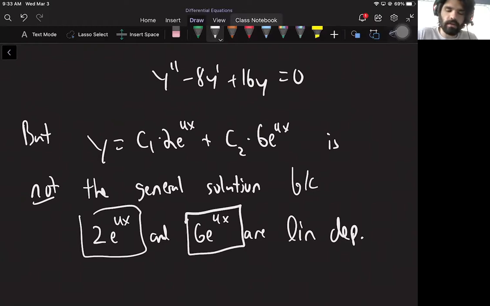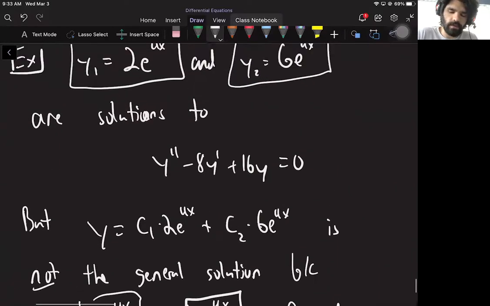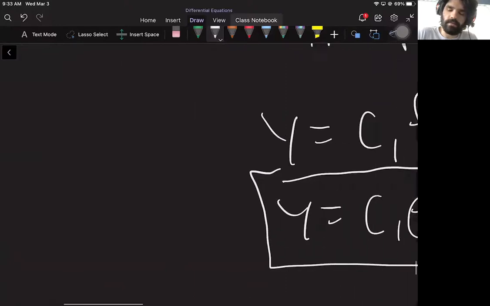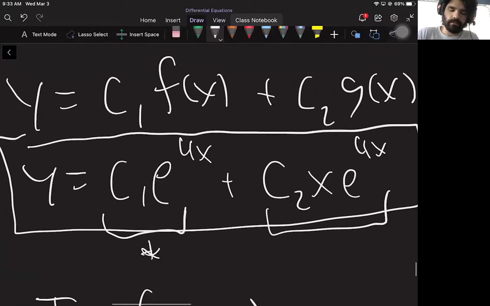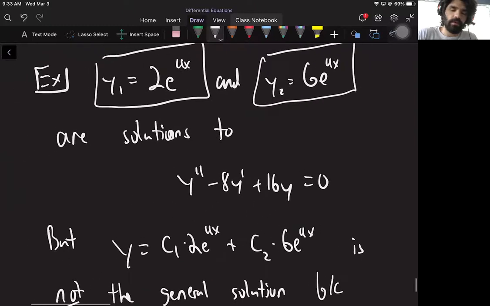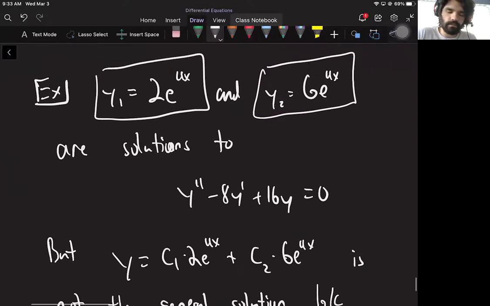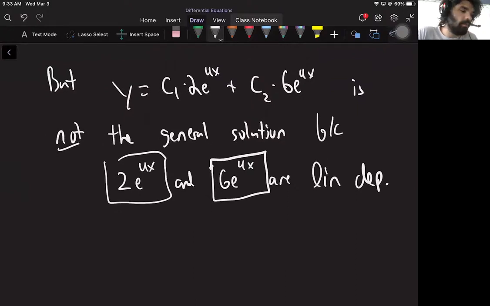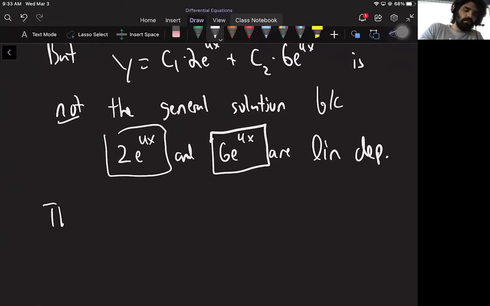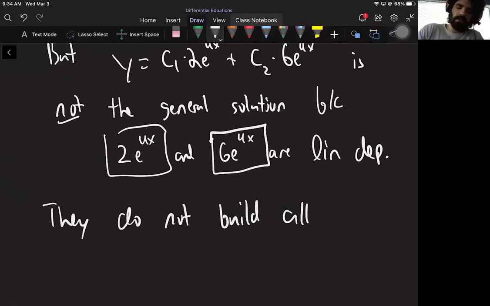So they're not creating everything. You're missing the other piece. You're missing this xe to the 4x piece completely because you're just getting two of these types instead. So you do need both pieces. Okay. So this is not the general solution because they're linearly dependent. So they cannot be used to build any other solution. They do not build all the solutions.